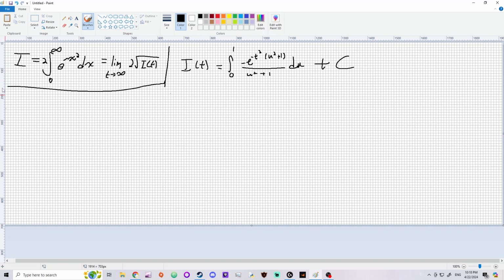I'm going to write on the side here. What was our second to most original integral? It was I of t, right?